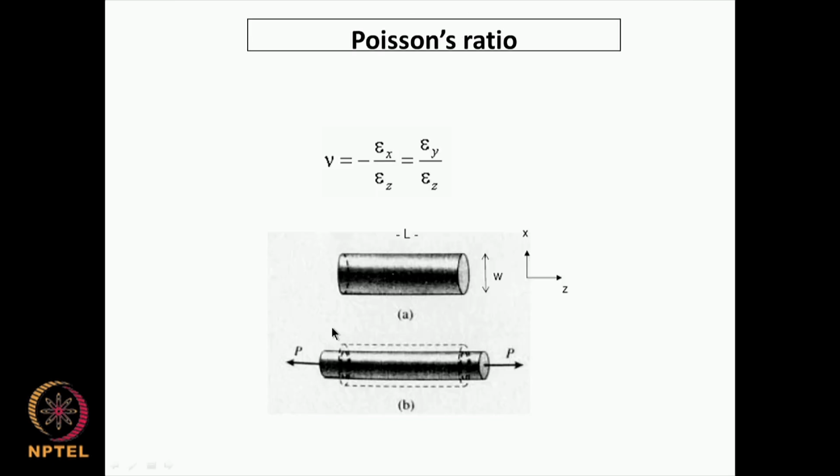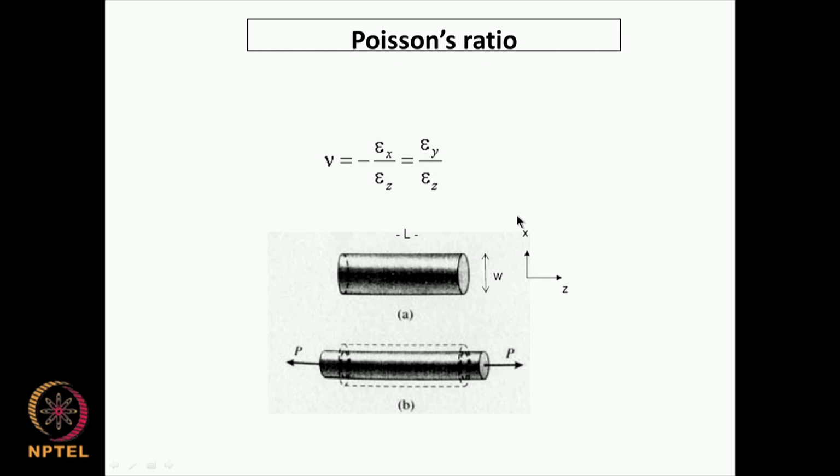There is something called Poisson's ratio, which you need to understand, which is the strain in the x direction over the strain in the z direction. Imagine you have a rod like this of length L, with z going like this and x going like that.